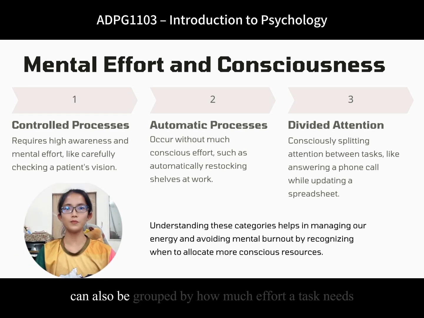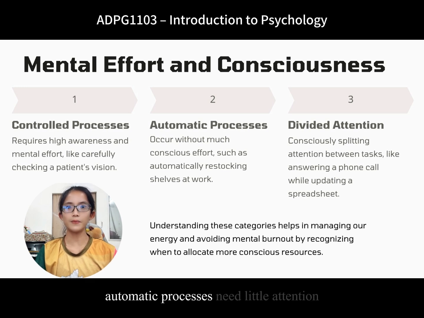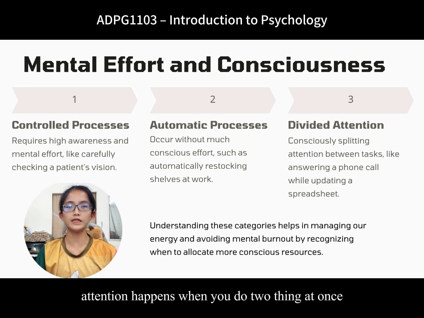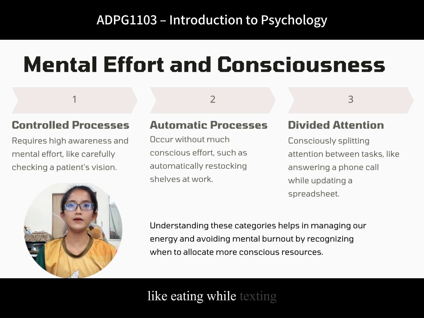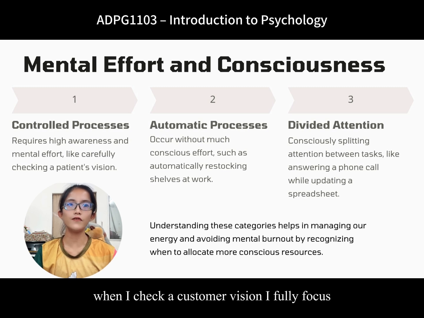Consciousness can also be grouped by how much effort a task needs. Controlled processes require full focus, like studying for an exam. Automatic processes need little attention, like brushing your teeth. Divided attention happens when you do two things at once, like eating while talking. In my optical shop, I experience all three. When I check a customer's vision, I fully focus.